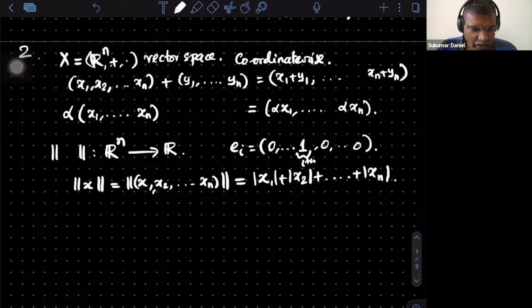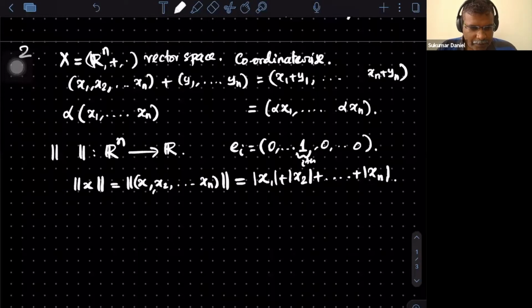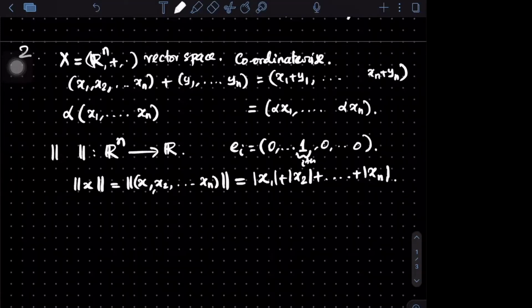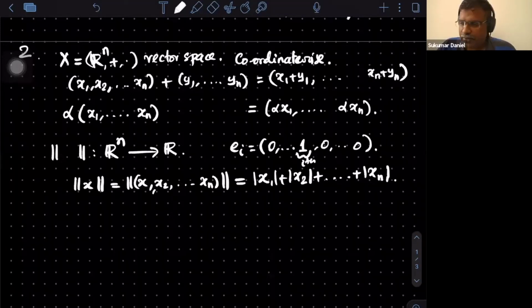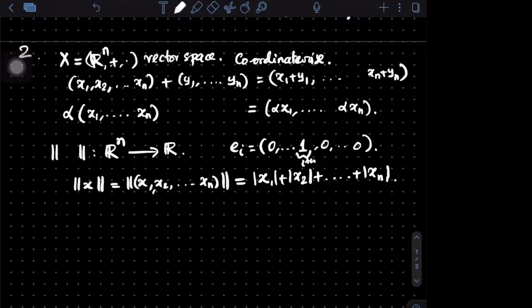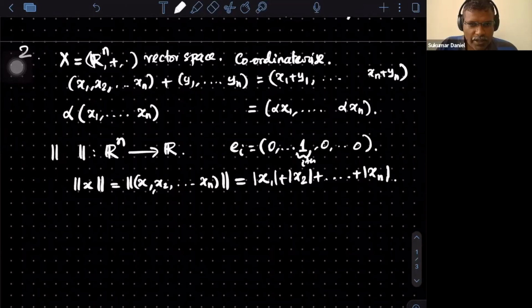Now I'll give an extra exercise for you to think just in your mind. Can you think of a vector in R^n with non-zero entries?